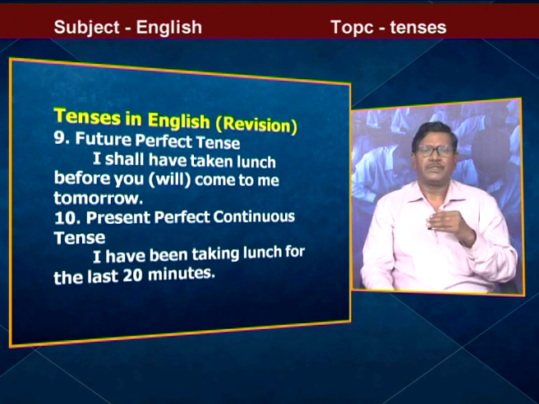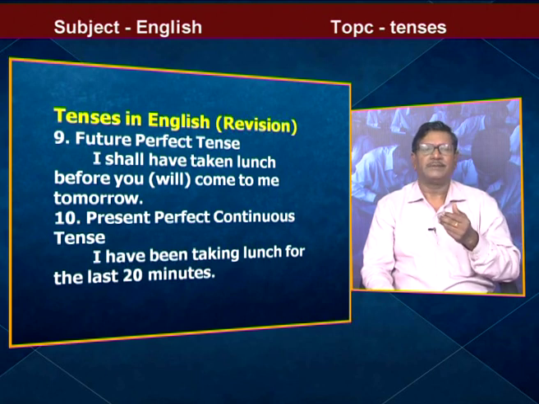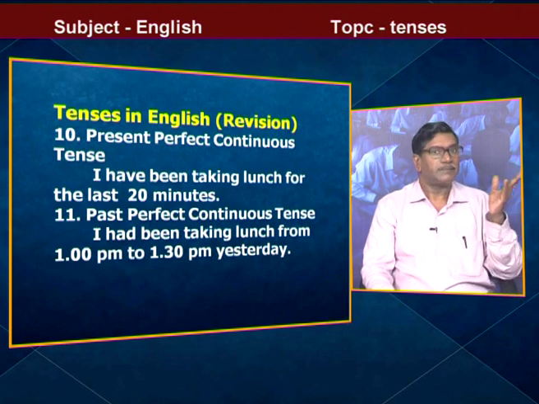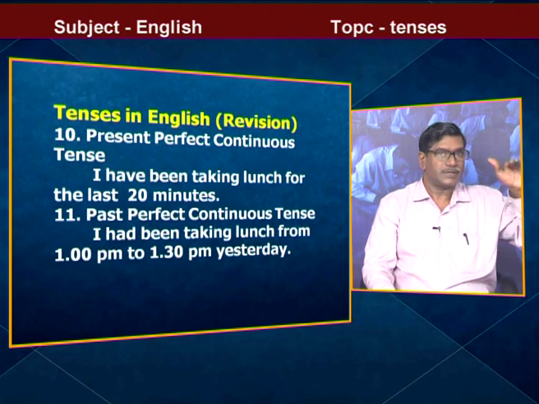Present perfect continuous tense, past perfect continuous and future perfect continuous. There are again three perfect continuous tenses. Present perfect continuous, I have been taking lunch for the last 20 minutes. I have been taking lunch. Past perfect continuous, I had been taking lunch from 1 p.m. to 1:30 p.m. yesterday.